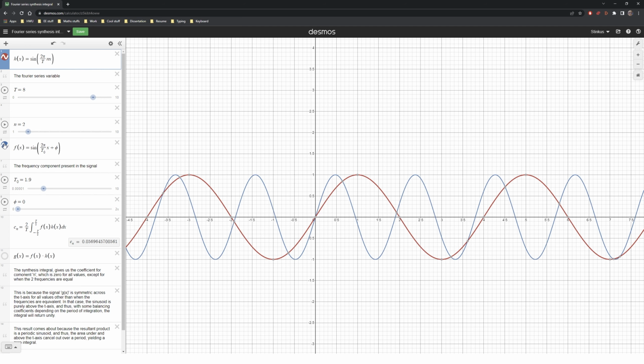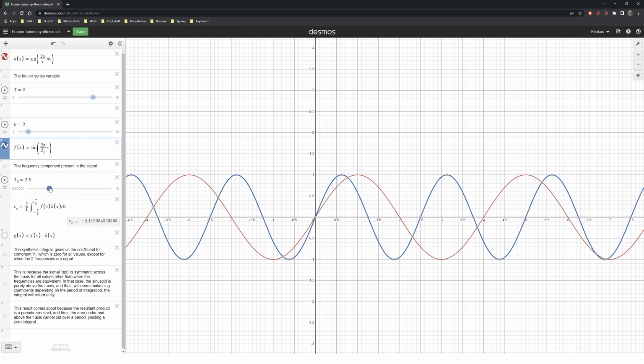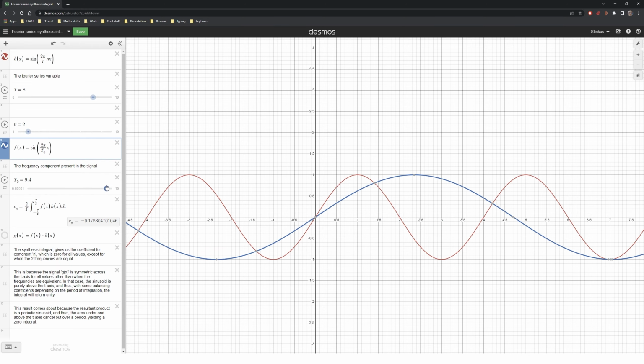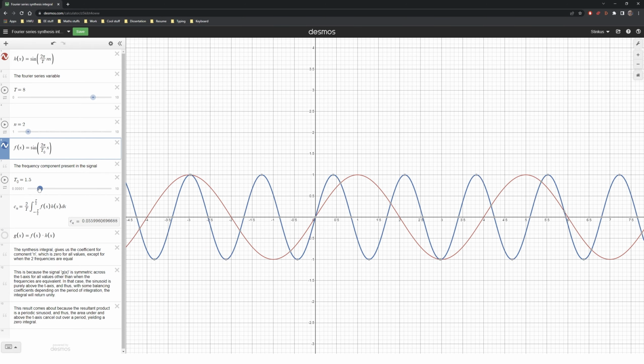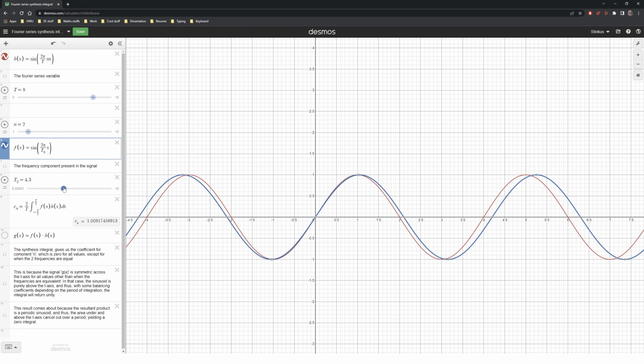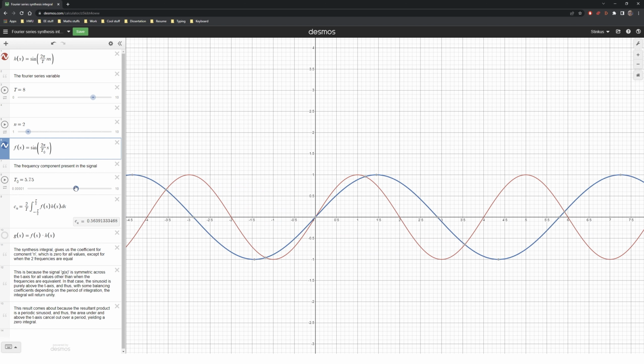Let's add another sinusoid, which is the same but has a separate period. And we can ignore this phase shift component, like I said, and I can vary the period of the second one, right? So the period of the second one is changing, but the period of this red, h of x, is always the same.